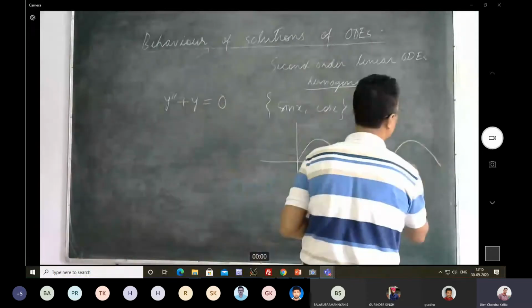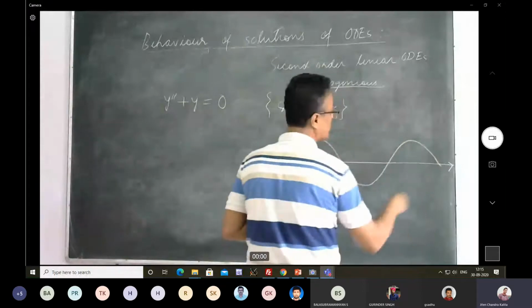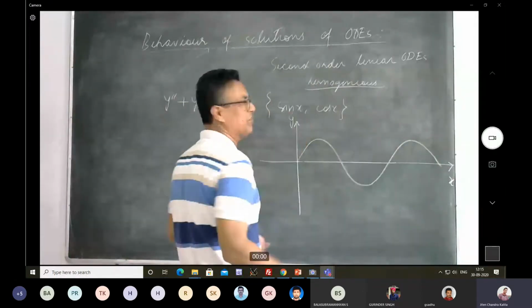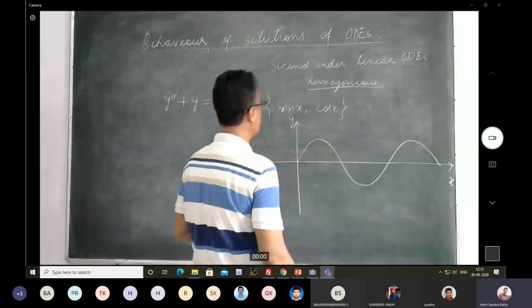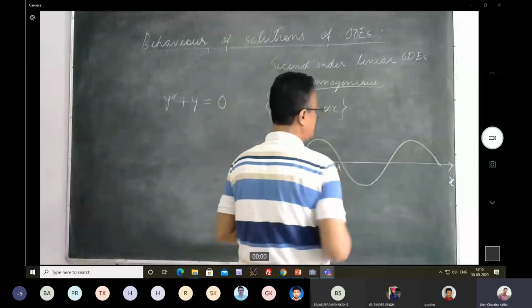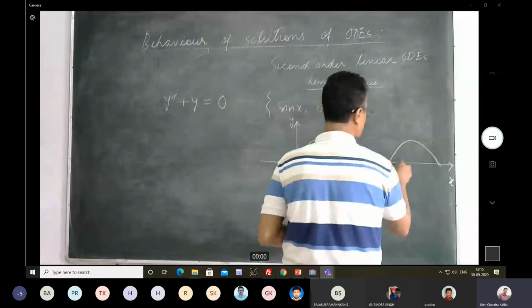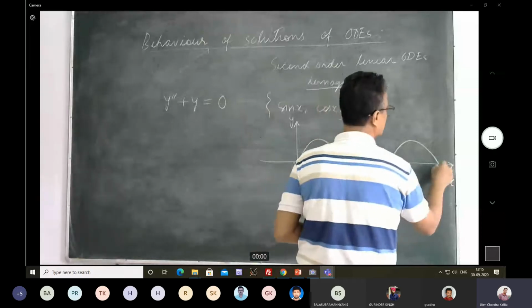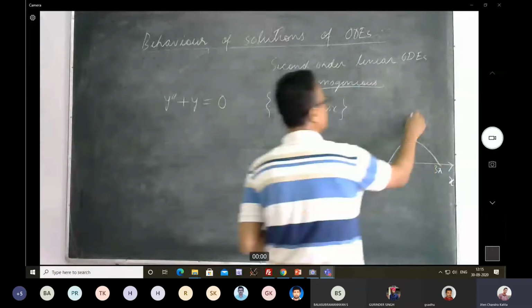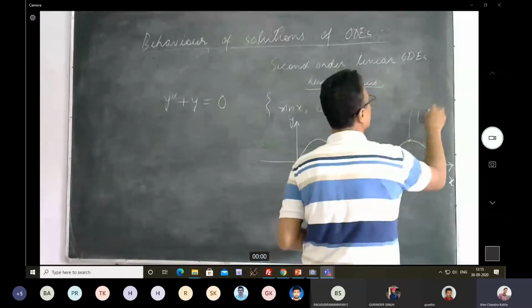If this is my x-axis and this is my y-axis, I am not even bothered about the amplitude here. So this is 0, pi, 2 pi, 3 pi, and so on. This graph is nothing but y equal to sin x.